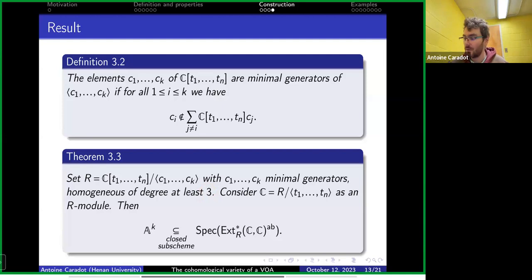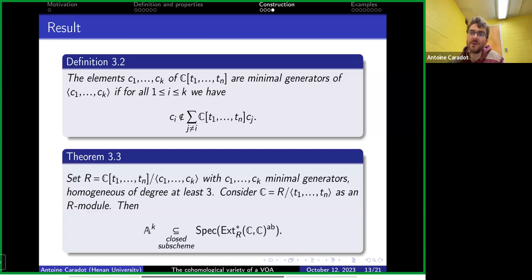So here, when I say homogeneous, we say that T1, ..., Tn are all of degree 1, the usual gradation. And we want each of the Ci to be homogeneous of at least degree 3. They don't need to be of all the same degree. You might have some degree 3, 4, 5, but you don't allow degree 1, because you could simplify the expression, and you don't allow degree 2.